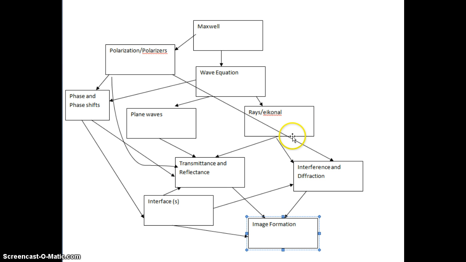But until you talk about rays and interference and diffraction, and how rays reflect and transmit, you can't get there. And so everything we did with plane waves can't get us to images, or at least not as nicely. So that, for me, is what the semester was all about.